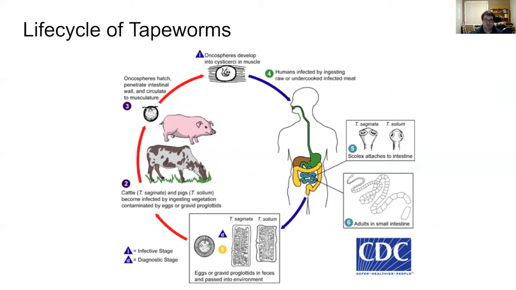It develops into a dormant cyst in the muscle tissue of those animals, which, when it is consumed by humans, can actually pose a real risk to humans if the meat is raw or undercooked.